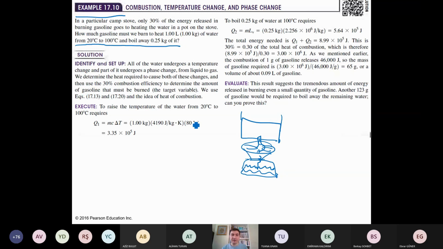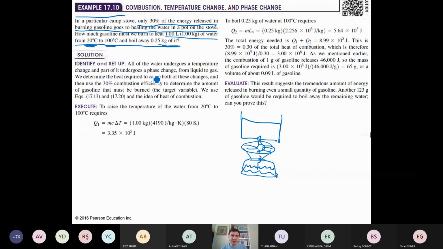But the important thing here is that only 30% of the energy released in burning gasoline goes to heating the water in a pot on the stove. So we have 1 kilogram of water, and we would like to increase its temperature from 20 degrees Celsius to 100 degrees Celsius, and we would like to boil away 0.25 kilogram of the water.